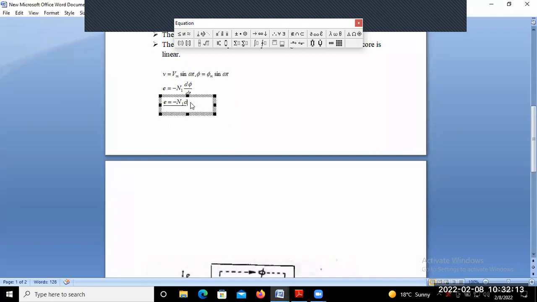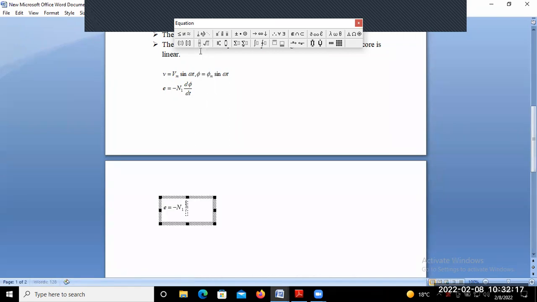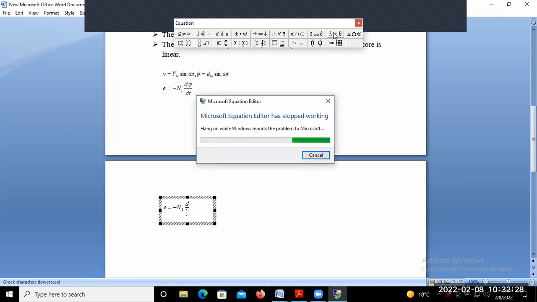What is the value of phi here? It is phi maximum sin omega t. So put that value and just differentiate this equation.